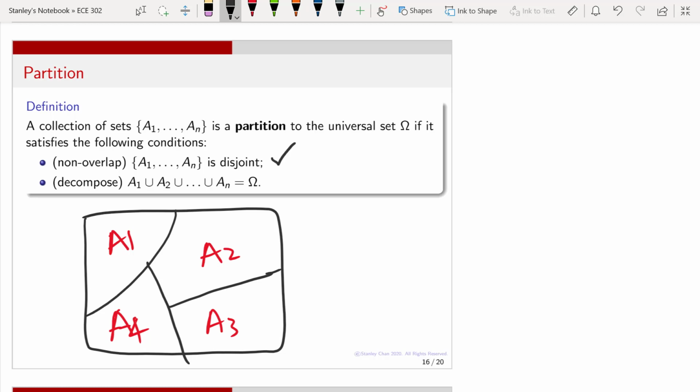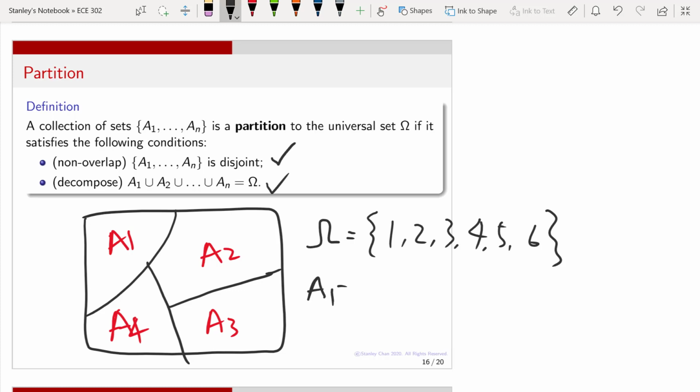Now, how about the other one? The other one says that it has to be able to decompose your universal set. It means that when you take the union of every set, it will give you back the universal set. For example, if you have a set that contains 1, 2, 3, 4, 5, and 6, it contains 6 numbers, then let's call this omega.